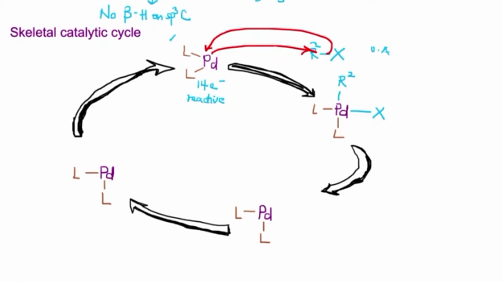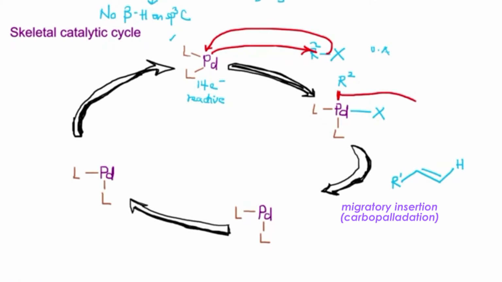Then we move to the second step. We have our alkene coming in, and once this particular pi bond coordinates with the metal, there is a reaction called carbopalladation, which is a type of migratory insertion where this particular sigma bond, which is really reactive, you have to notice that really well, is going to be migrating over to this carbon right there, and then this pi bond forms a sigma bond with our palladium.